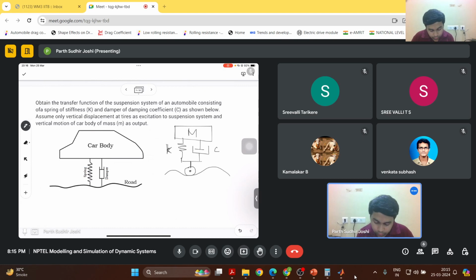Then let us call the displacement of the tires, which exactly mirrors the road profile, y of t, and x of t is the motion of the mass of the car body.